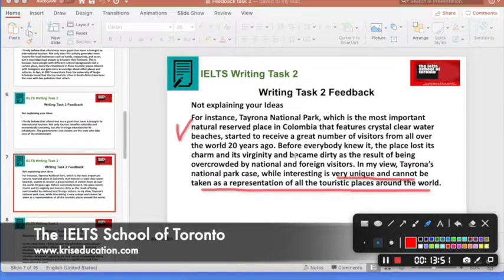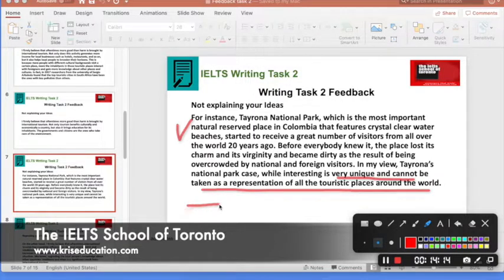Yeah, about because there are many other touristic places where the environment is sustained. There are many other touristic places around the world where the environment is well maintained despite millions of visitors every year.